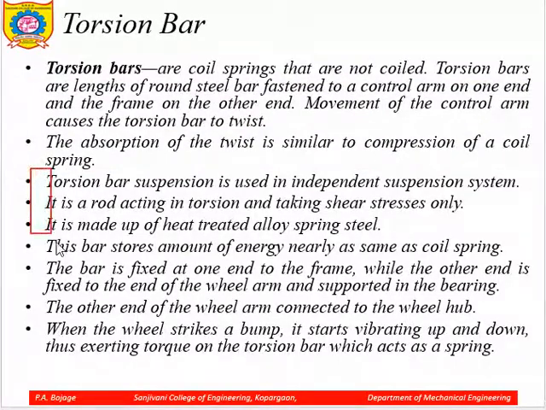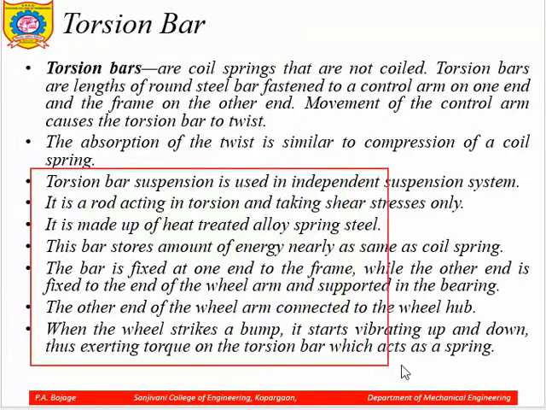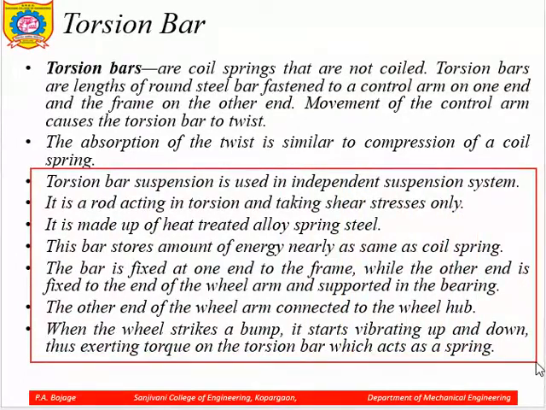Torsion bars are used in the independent suspension system. It is a rod acting in torsion and taking shear stresses only. It is made up of heat treated alloy spring steel. These bars store nearly the same amount of energy as the coil springs.